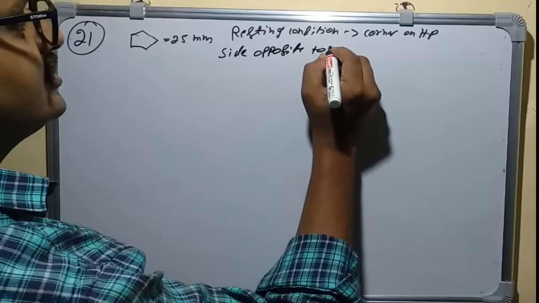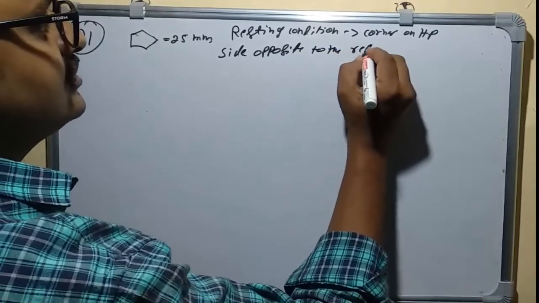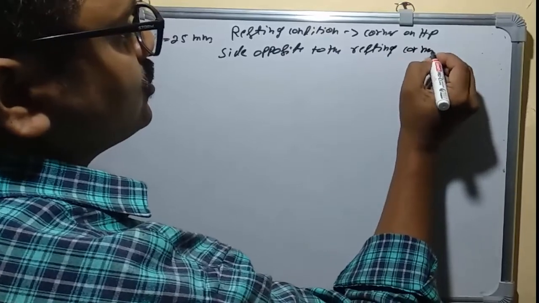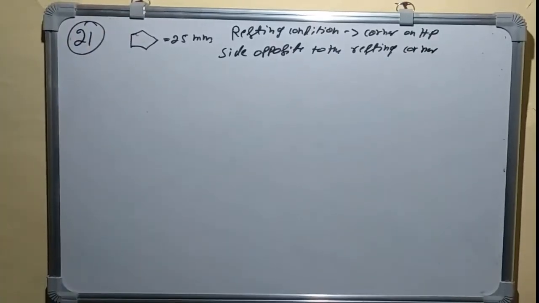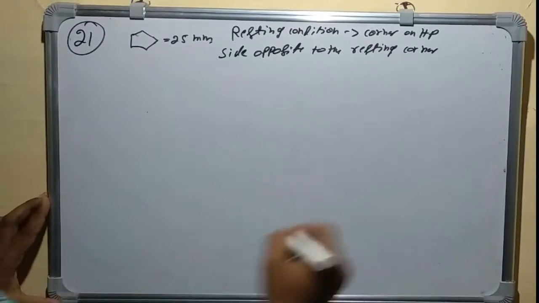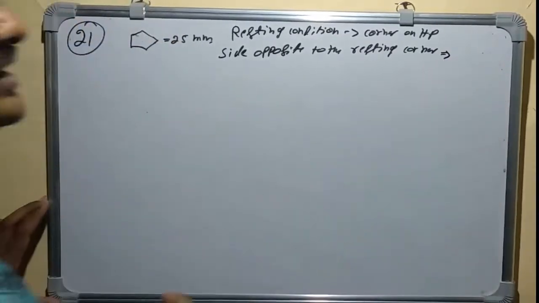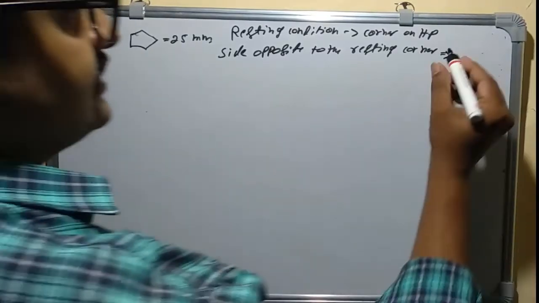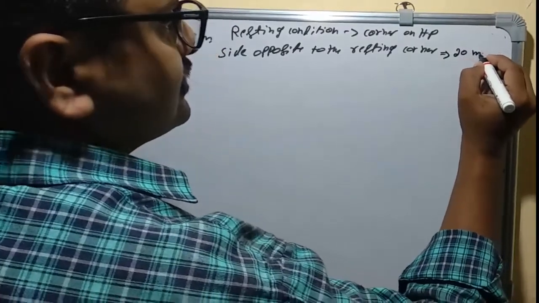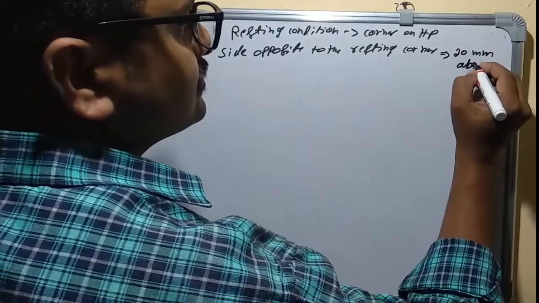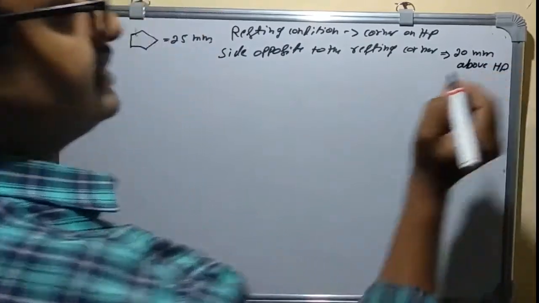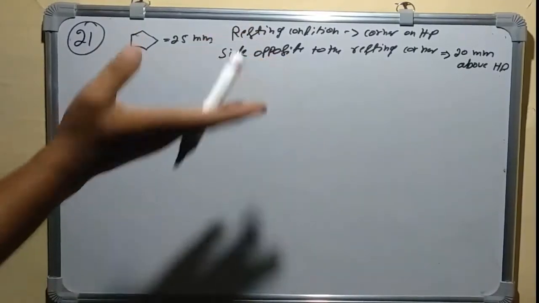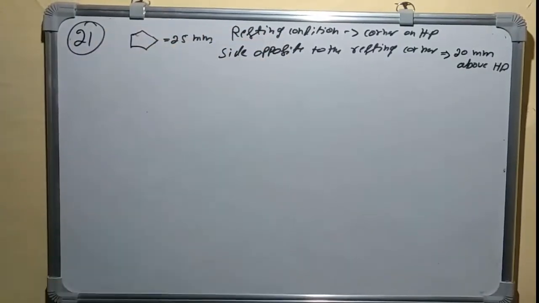The side opposite to the resting corner is 20 mm above HP. Instead of giving the angle, they have given the data in the form of distance. We will discuss that later.